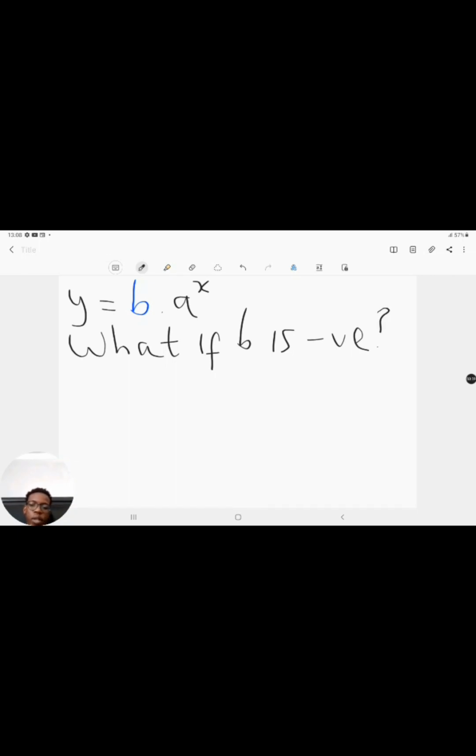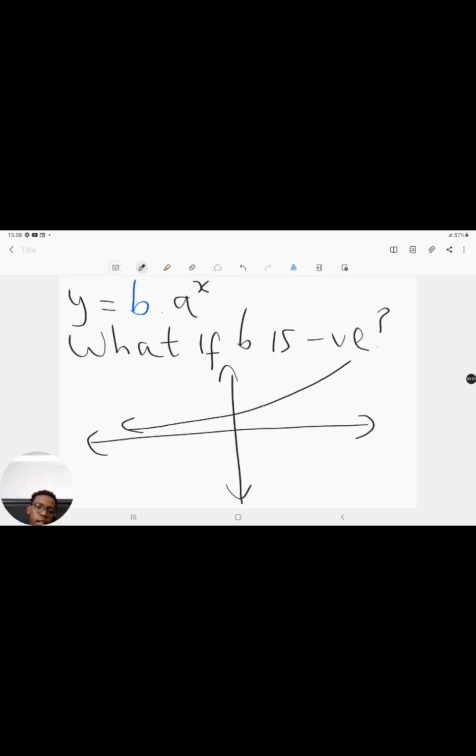If I've got my Cartesian plane there, and I've got my original graph, my original graph, you and I know, looks like that. And we know that there is your y-intercept, that's (0, b).